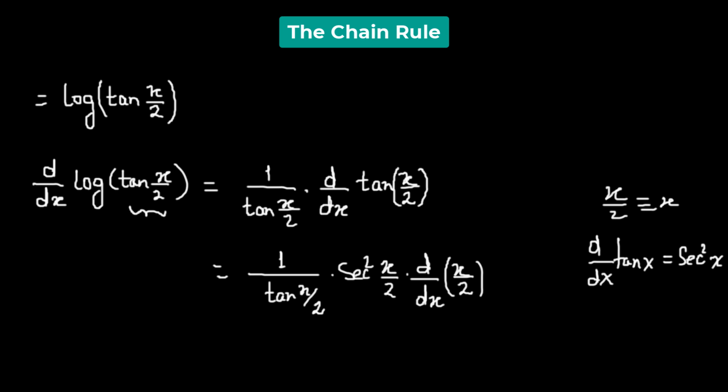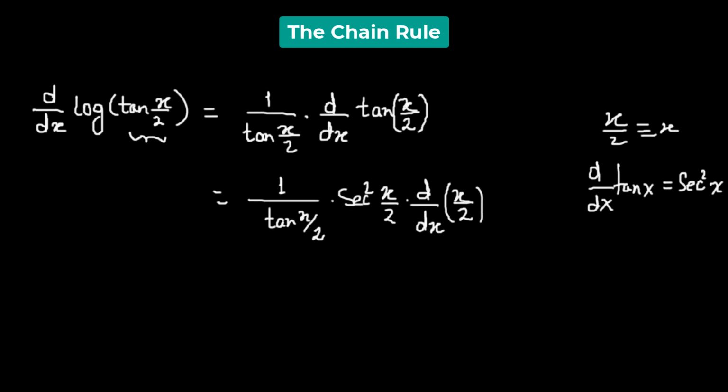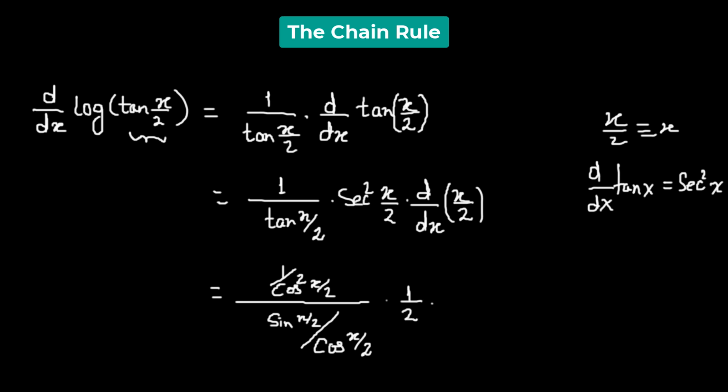So we have secant squared of x over 2, which can be written as 1 over cosine squared of x over 2, divided by tangent of x over 2, so that will be sine x over 2 divided by cosine of x over 2, times the derivative of x over 2, which is going to be half multiplied by the derivative of x.